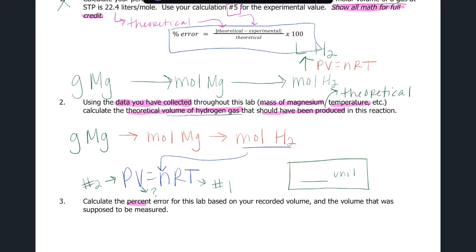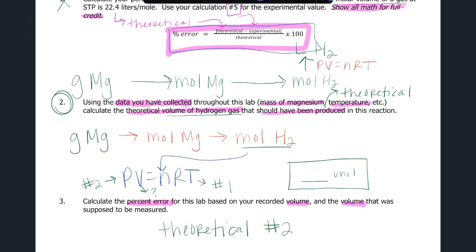Then we're going to calculate our percent error, but now based off of volume, unlike number 1 where we did it with our molar volume. So we're still going to use that same equation from up here. And this time our theoretical is going to be what we just calculated in number 2, this number 2.